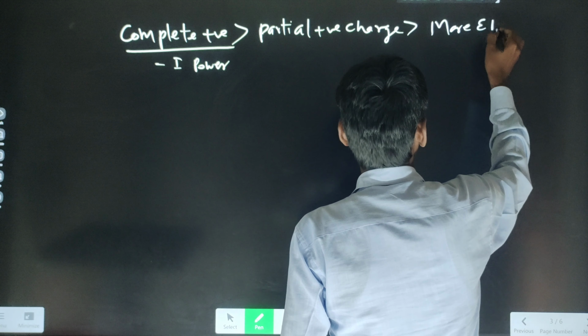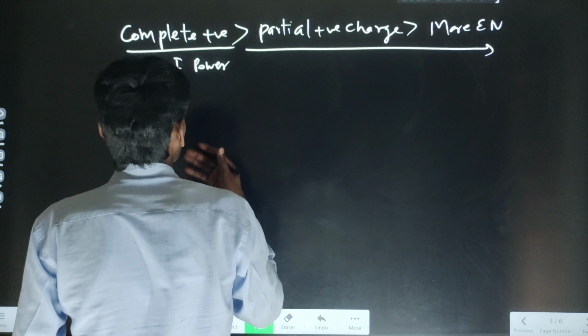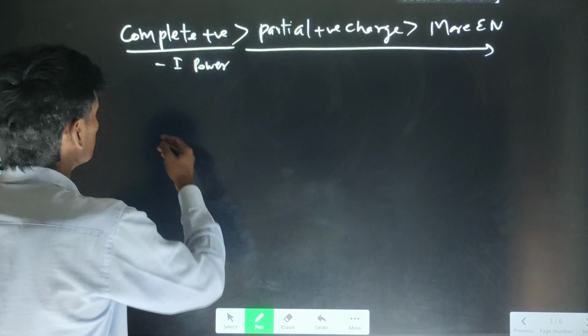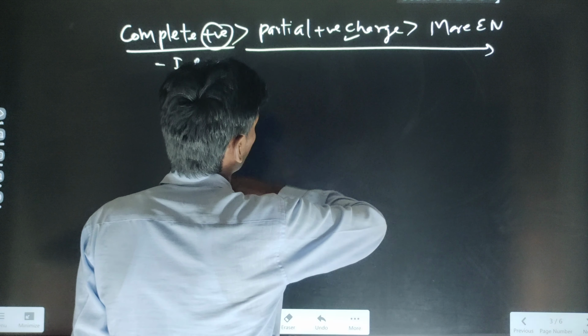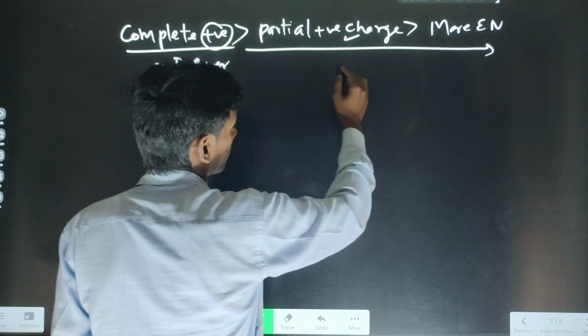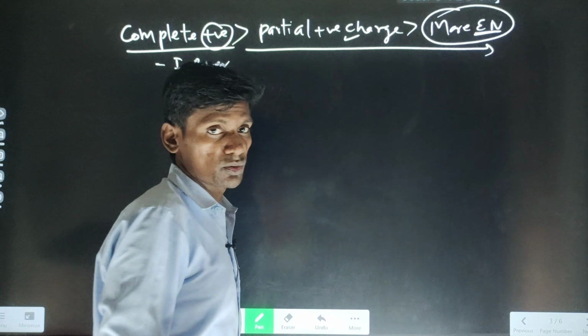If we check the minus I power of each group, then we have to consider these ideas. Means complete positive charge has more minus I power, and partial positive charge has less minus I power, and the group which belongs to more electronegative atom has lower minus I power.